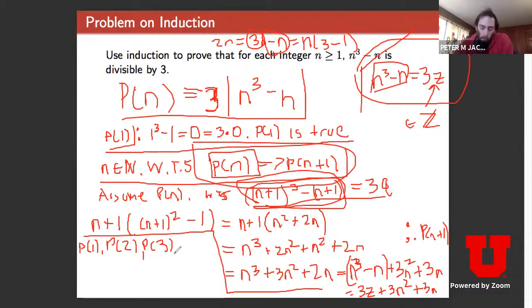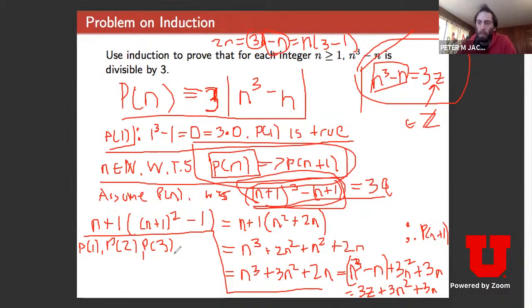Yeah, the modifications might come from what the base case is going to be. We have to answer each problem as it comes to us, and there will be slight differences that come into play. But in general, you're always going to have to prove a base case and then prove an inductive step, which takes the form of showing that if P(n) is true, then P(n+1) is true.